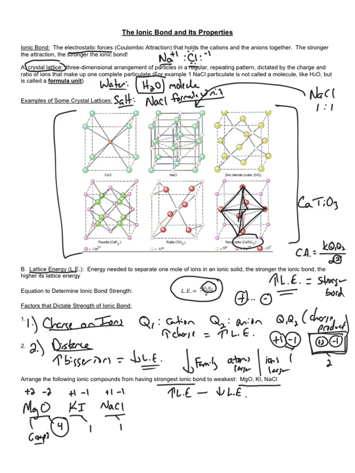Because magnesium oxide has got the greatest charge product, I know that magnesium oxide will have the largest lattice energy. It also has the strongest bond. Now, potassium iodide and sodium chloride have the same charge product. So now I have to look at the second variable, which is size. If I look up potassium and sodium, you'll notice on the periodic table that sodium is above potassium.